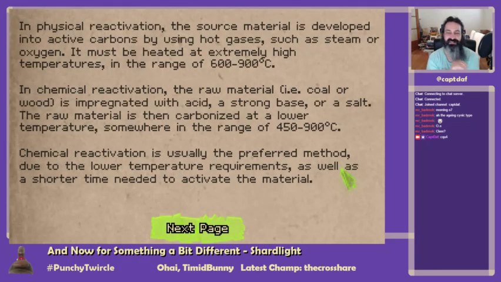Wait, what? Higher temperatures 600 to 900 degrees, lower temperatures 450 to 900 degrees. That's not a lower temperature band. Impregnated with acid, a strong base, or a salt. So, can we salt the wood? Okay, so we need acid or salt.